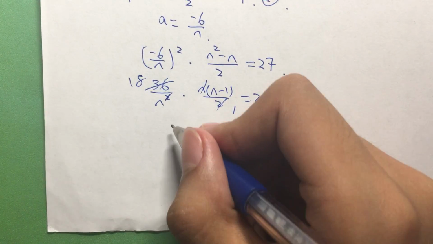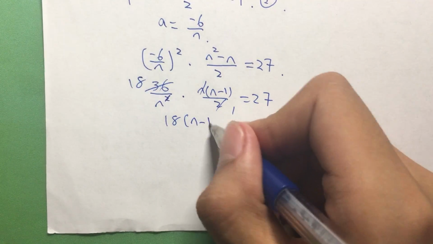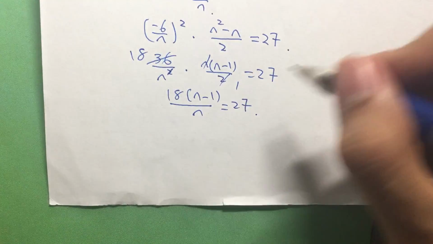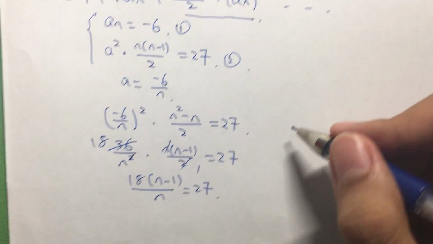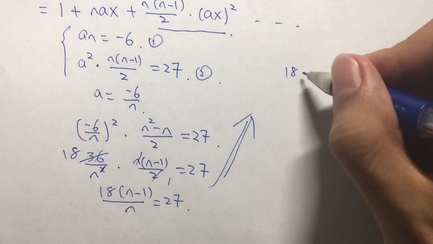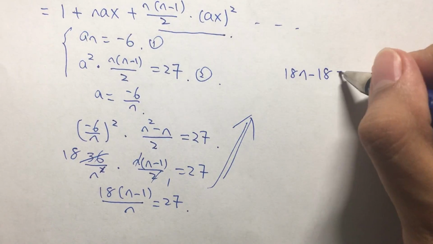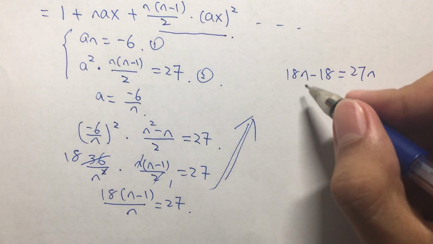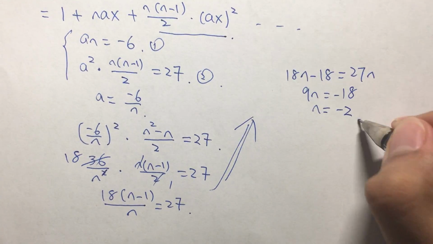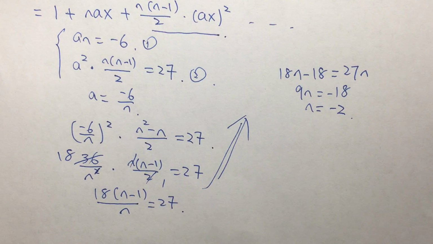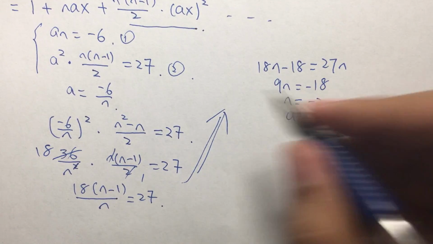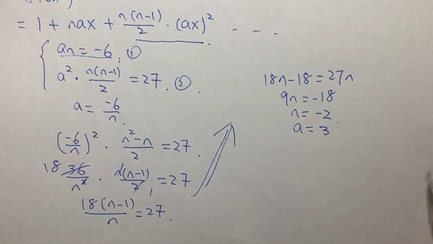So we will get 18 times (n minus 1) over n equals 27. So 18n minus 18 equals 27n. Then we have 9n equals negative 18. n is equal to negative 2. And which means a is equal to 3 because of that. And we solved it.